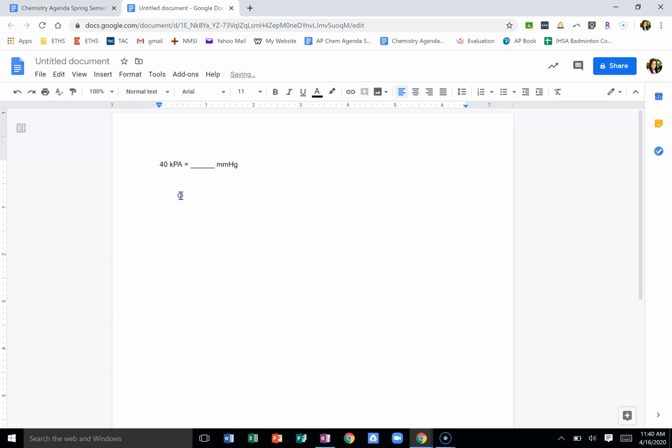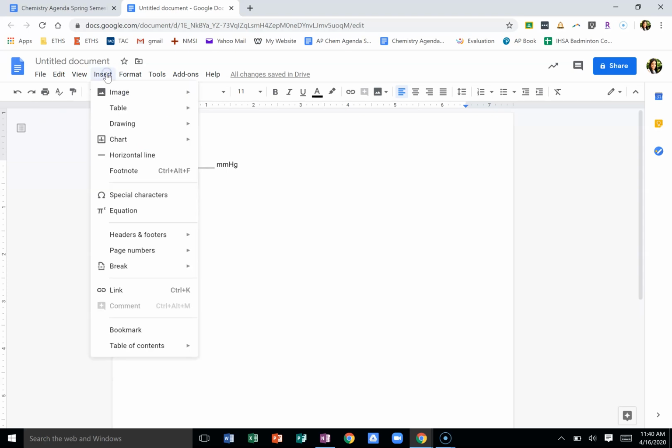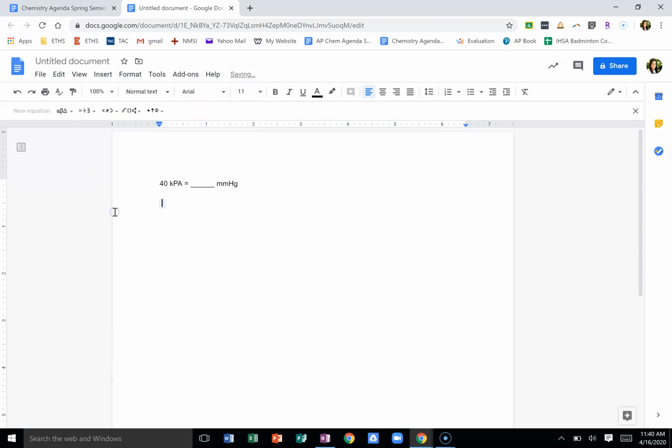Okay, remember that you're going to want to do this insert equation piece, and then you'll get this equation line up here. Okay, now you're just going to say 40 kPa, and then you're going to use the equation things to do times.